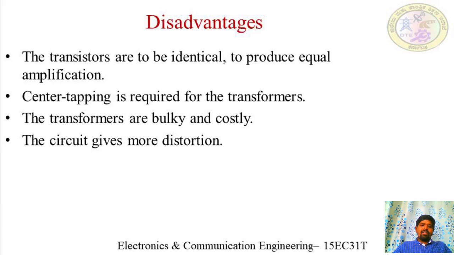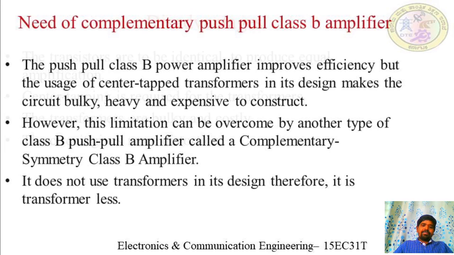So these are the drawbacks of the class B push-pull amplifier. Now with this summarization, we can say that the class B push-pull amplifier requires transformers and identical transistors. Now the next topic is the complementary push-pull amplifier.